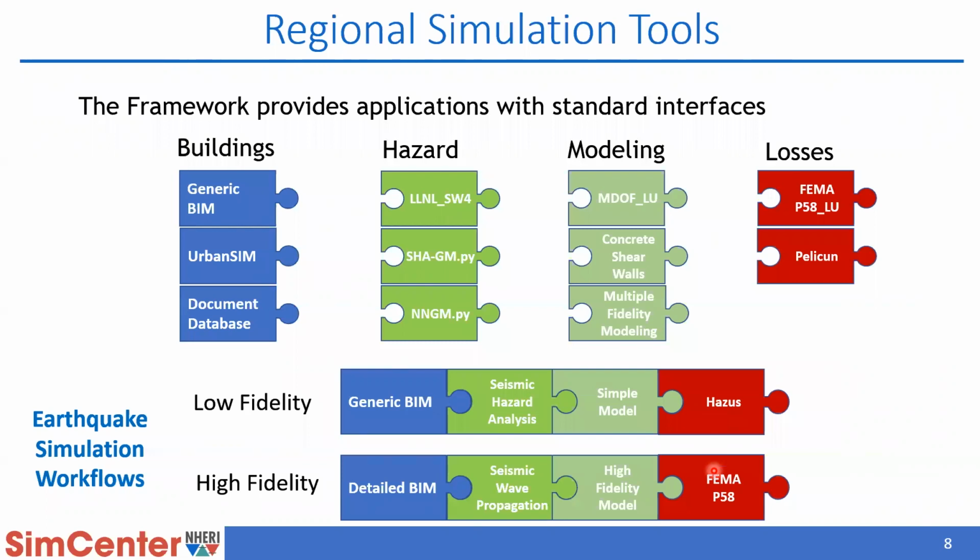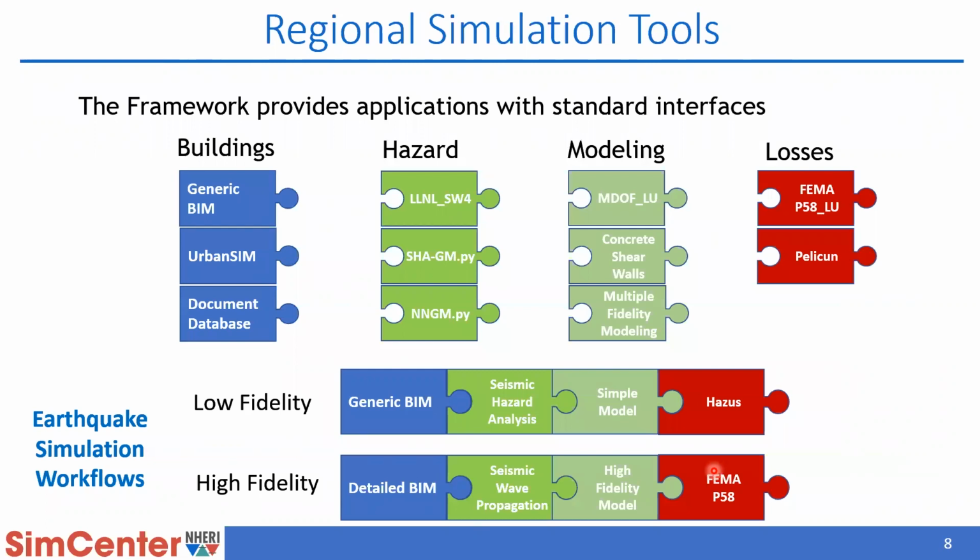So you can configure these tools to do different things. You can configure them in low fidelity, high fidelity, or even multiple fidelity level modes. So you can have a region, and for some buildings you're creating low fidelity models. For other buildings that are more important, you can create high fidelity, detailed models for these buildings.